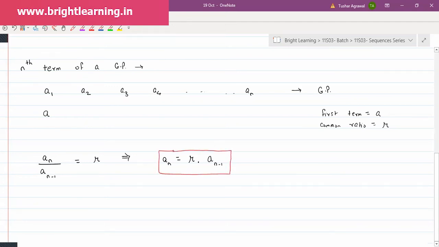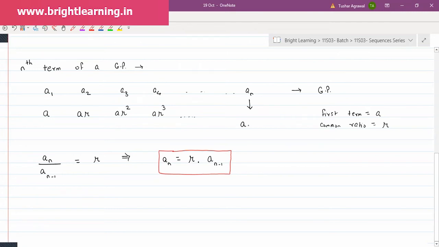So if I have this formula, what will the second term be? The second term will be the previous term multiplied by R, that is A into R. Third term will be the previous term multiplied by R, that is A into R square. Fourth term will be previous into R, that is A into R cube. So on and so on. What will the nth term be? Think for a while.